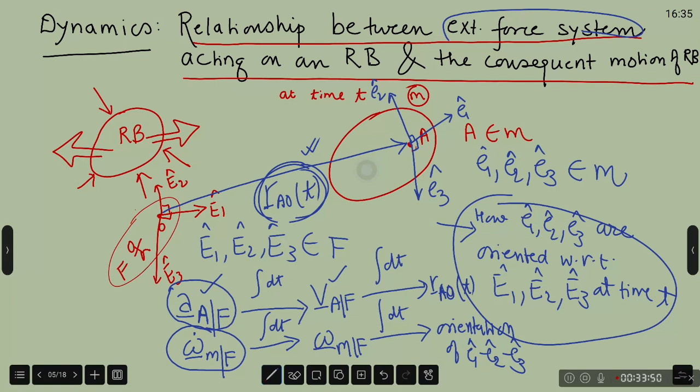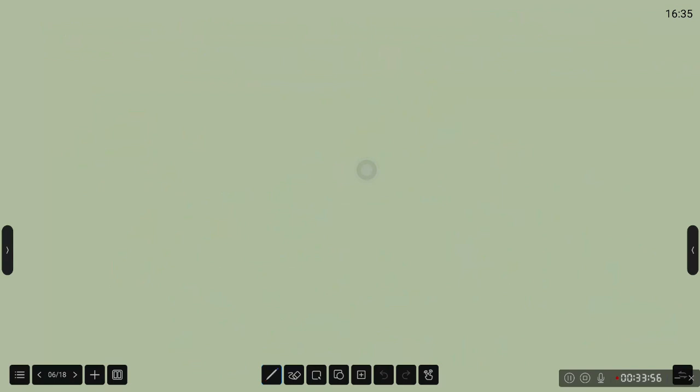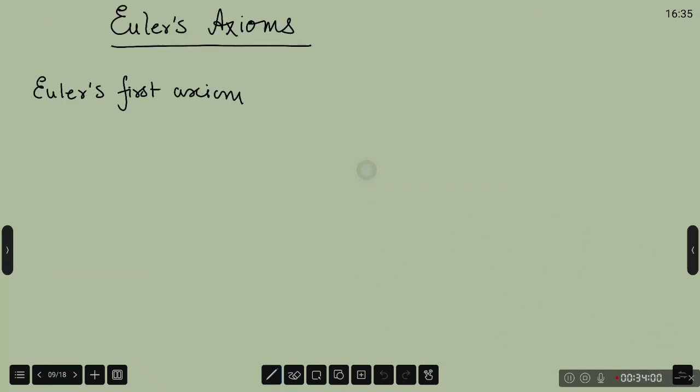Indeed, there is a set of two relationships that we know, and we use those relationships to predict the motion of an RB, and those relationships are what we call the Euler's axioms.